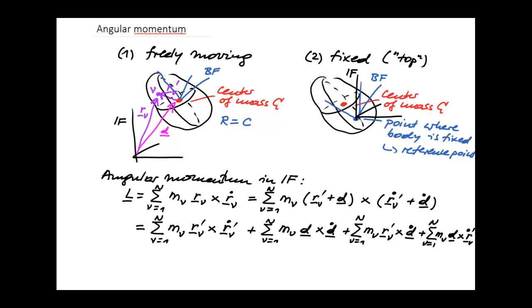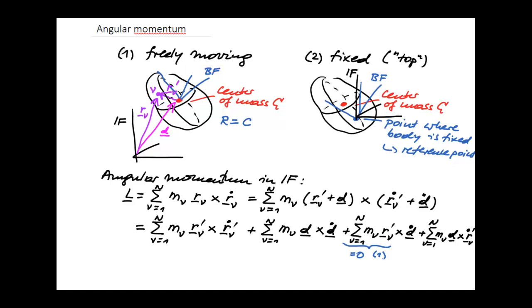In the first scenario, the reference point coincides with the center of mass, and therefore the sum over nu, m nu, r nu primed is equal to 0. This is equal to 0 in the first scenario. In the second scenario, the origins of the inertial frame and of the body fixed frame coincide.